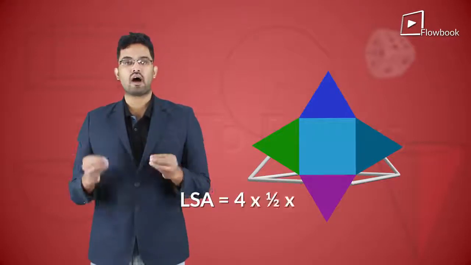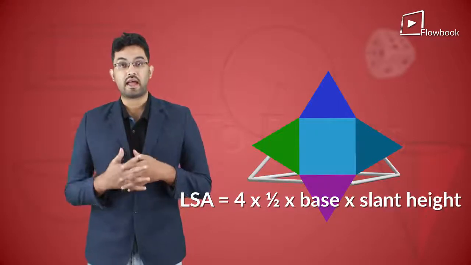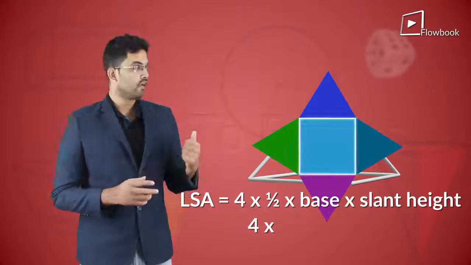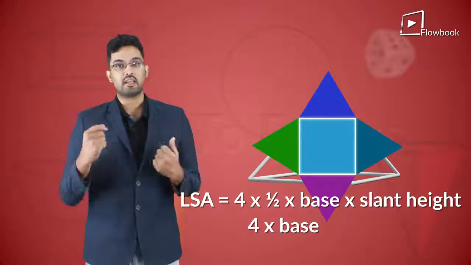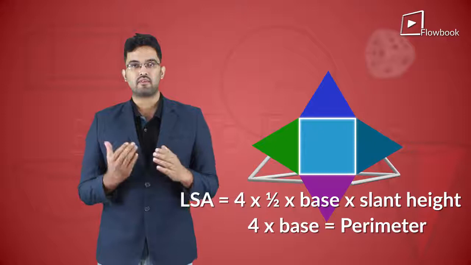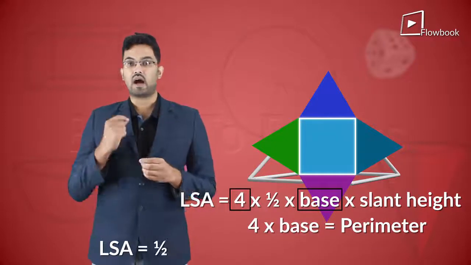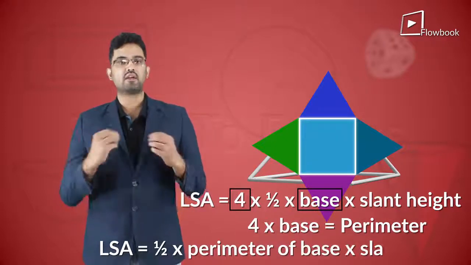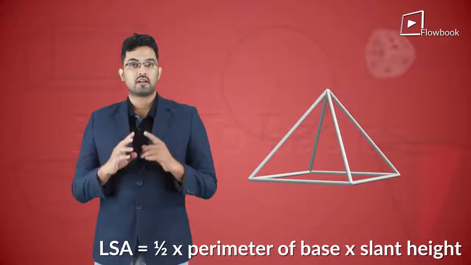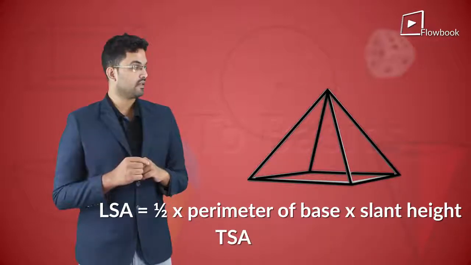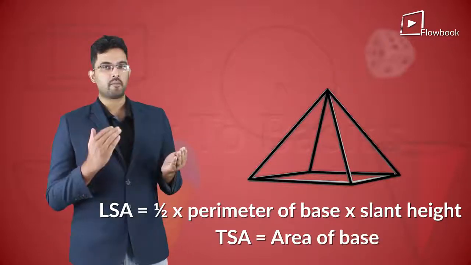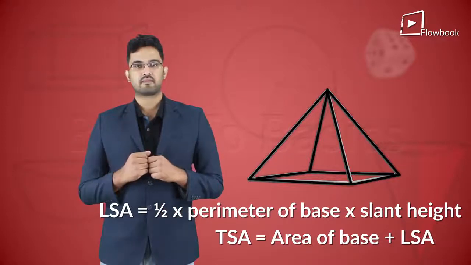Thus, lateral surface area will be 4 into half into base into slant height. And just like the prism, the 4 into base is nothing but equal to the perimeter. Therefore, the LSA is equal to half into perimeter of the base into slant height. Similarly, the total surface area will be nothing but the area of the base plus the LSA.